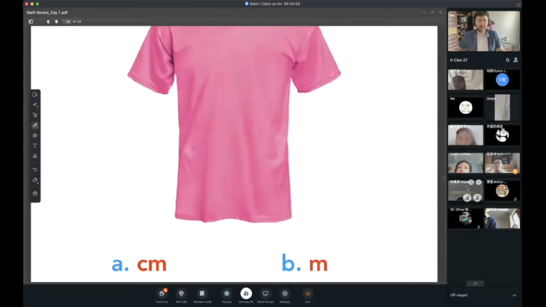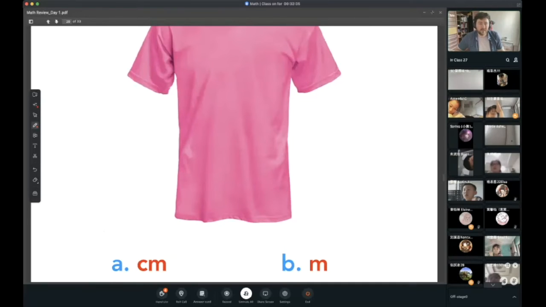Okay, yeah, maybe your mom or your dad, when they buy clothes before, they might see centimeter, right? Kimi, which one did you choose? I choose B because B is longer than A. Okay, that's good. So it can measure this easier. Okay, yeah. So it seems that we're pretty half and half in our class about centimeters or meters.